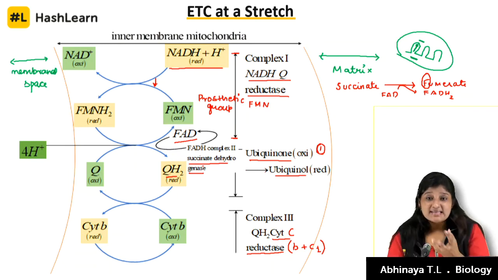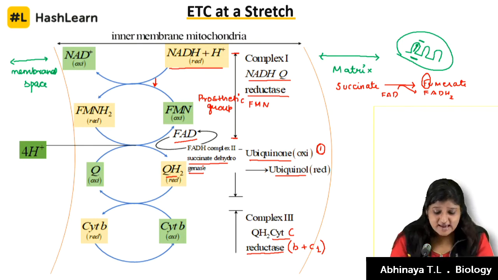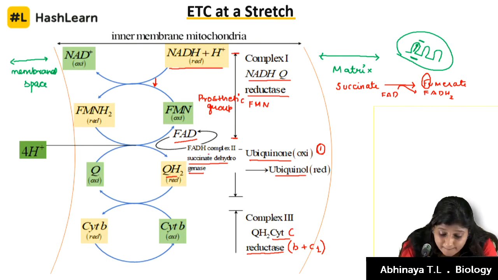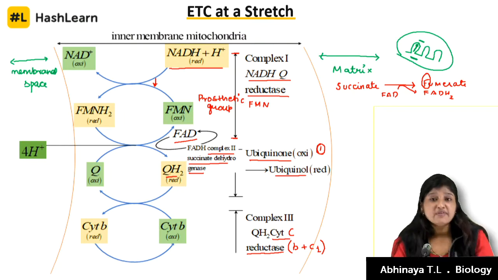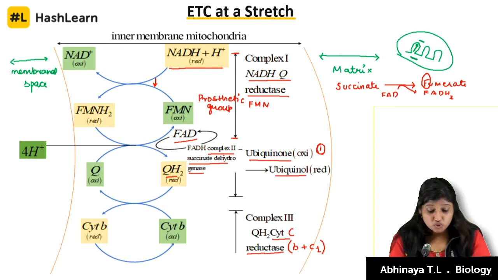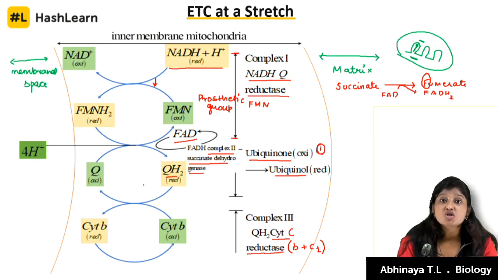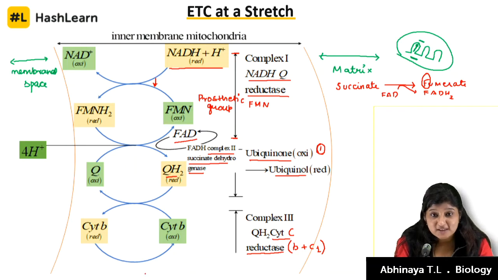So, the enzyme of Krebs cycle is linked to ETC. This enzyme is called complex 2. So, the electron transfer from FADH2 is from complex 2 to ubiquinone to complex 3. Note this difference.